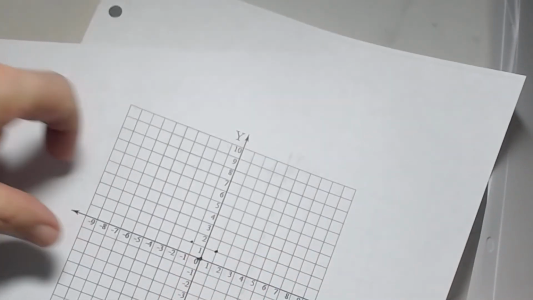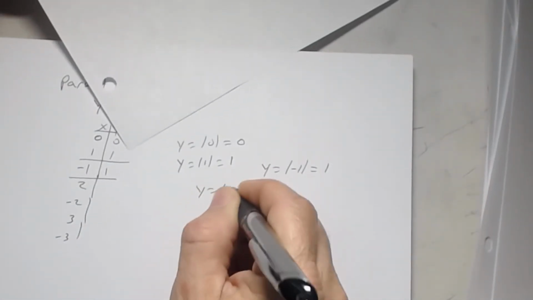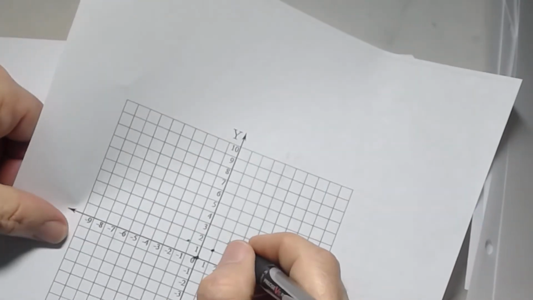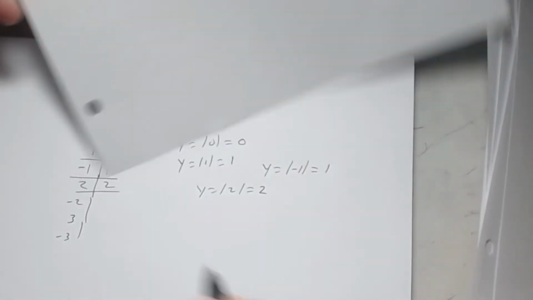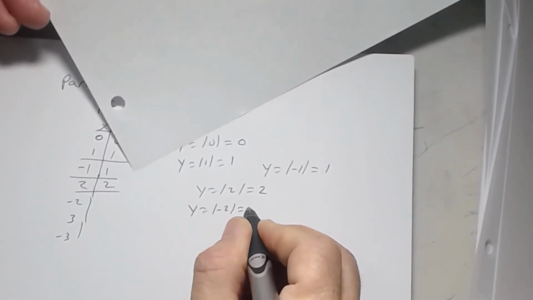So notice the idea of symmetry as well. A lot of the ideas that we just did with quadratic apply here, the idea of symmetry. If x is 2, I get y equals absolute value of 2, which is 2. Plot the point 2, 2. If x is -2, I get y equals absolute value of -2, which is positive 2.